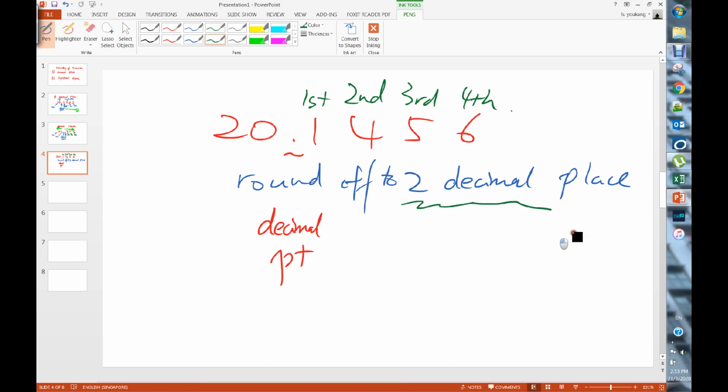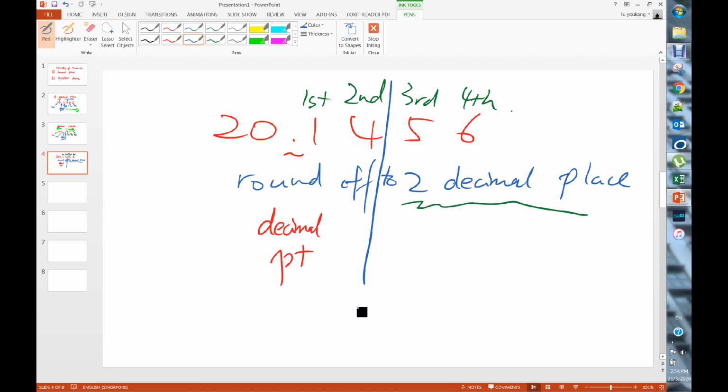To round off to 2, that means you want to stop at 2. I don't want to see anything behind. Round off to 2 means stop at 2.